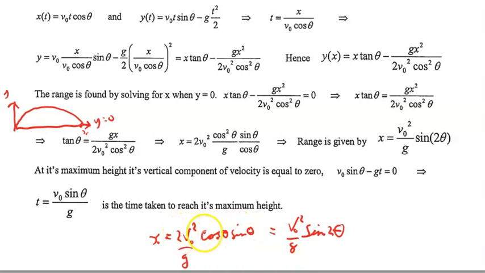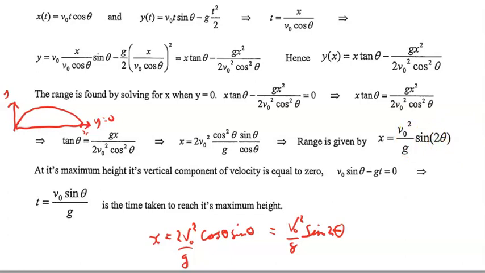Remember that identity? 2 sine theta cos theta is equal to sine 2 theta. So we end up with the range being x equals v0 squared, the initial speed squared, over g, the gravitational acceleration on the body you're dealing with, in the Earth's case approximately 9.82, times sine 2 theta. That will give us the value of x.